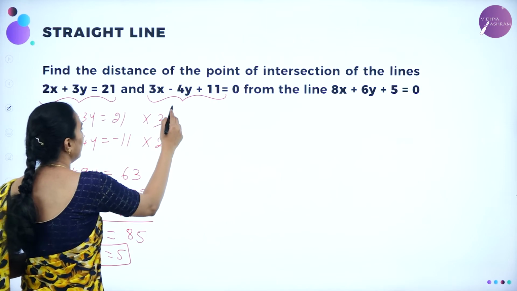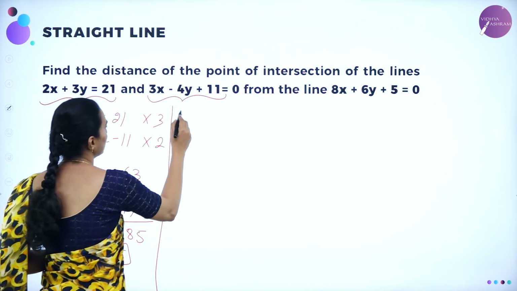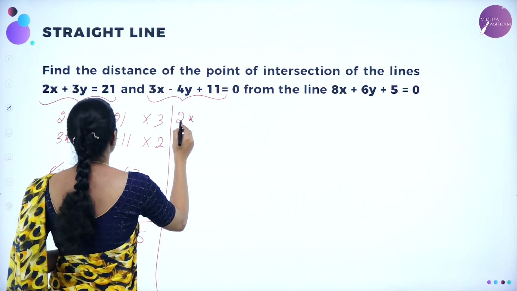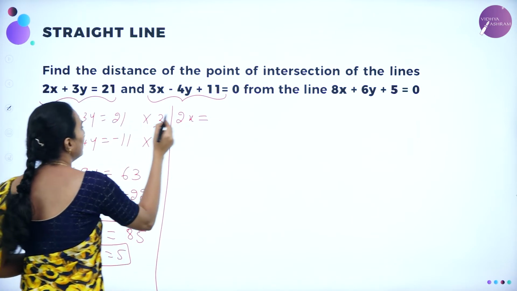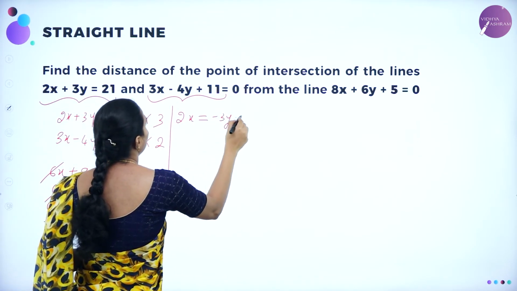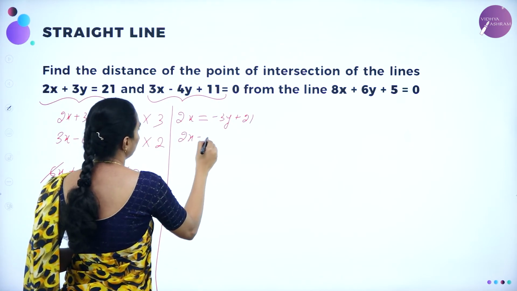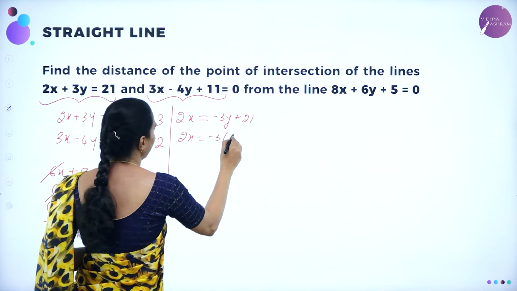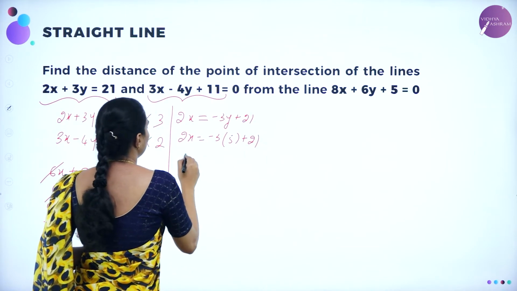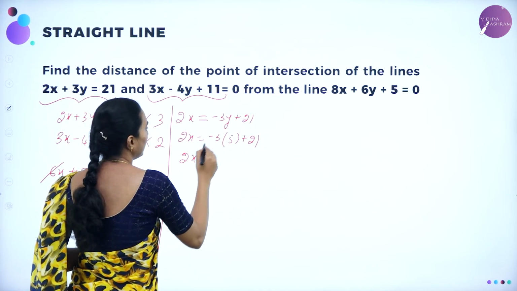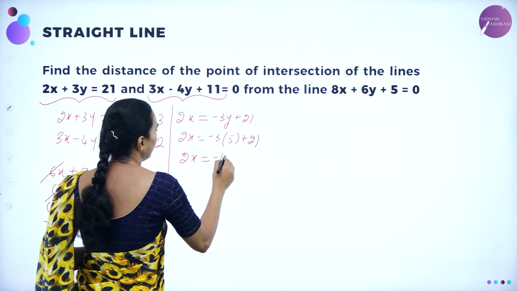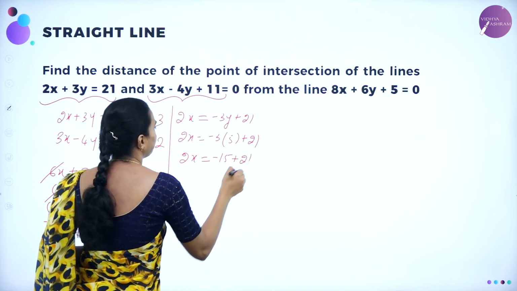Now I am taking the first equation, 2x. I can cross multiply this, which will be equal to minus 3y plus 21. Otherwise, 2x is equal to minus 3 into y value 5 plus 21. 2x is equal to minus 3 into 5 is minus 15 plus 21.